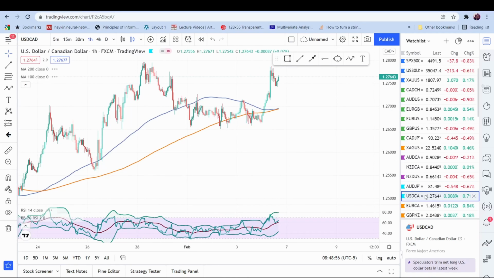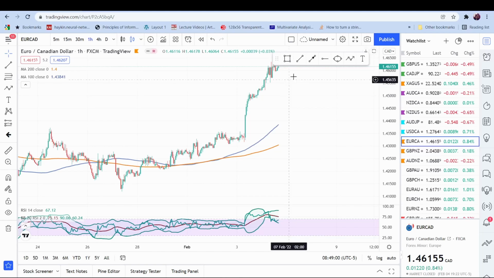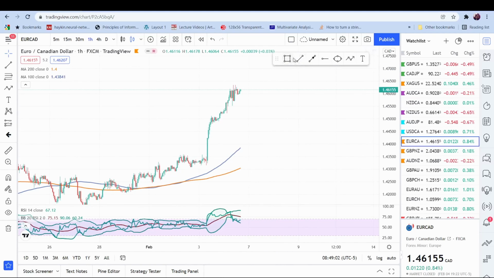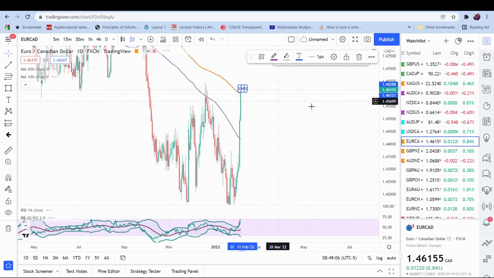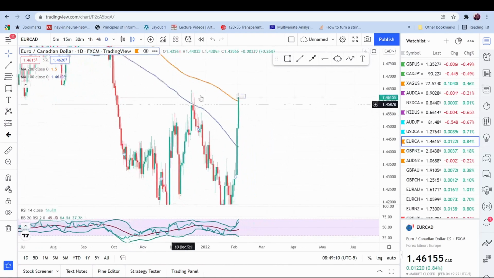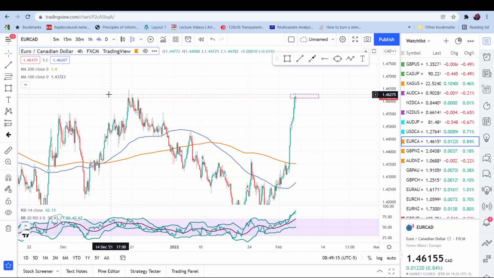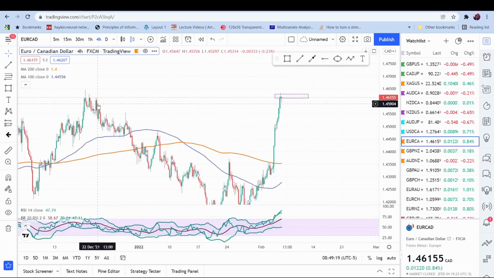So more or less, guys, so far what we are looking at for the starting of the week are just euro trades, right? This again, looking at the daily area of resistance on the daily time frame. Going down to the 4 hour, a little bit clearer as well, right?